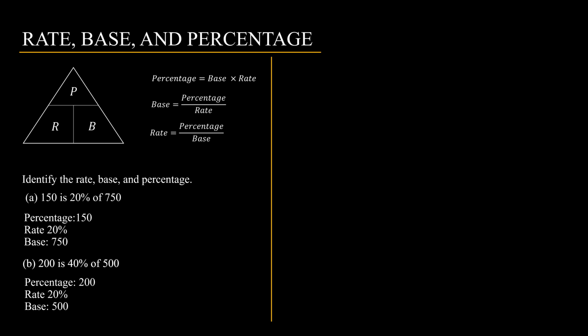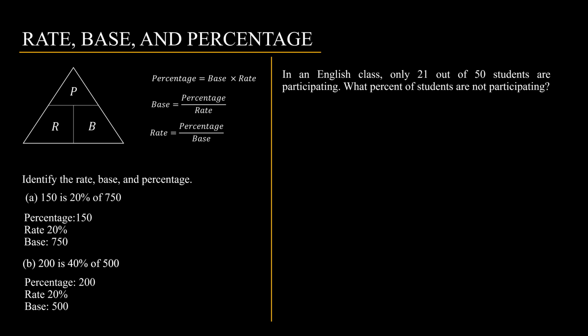Let's have another example. In an English class, only 21 out of 50 students are participating. What percent of students are not participating? Let's identify the given in this problem. Our percentage is 21.